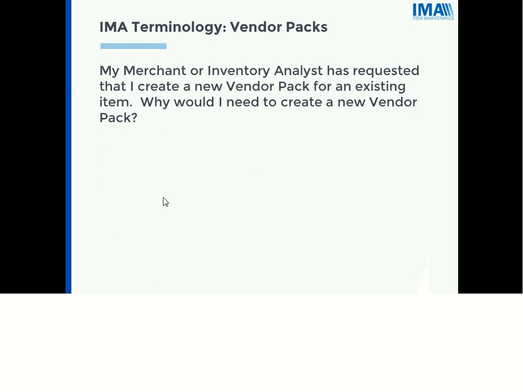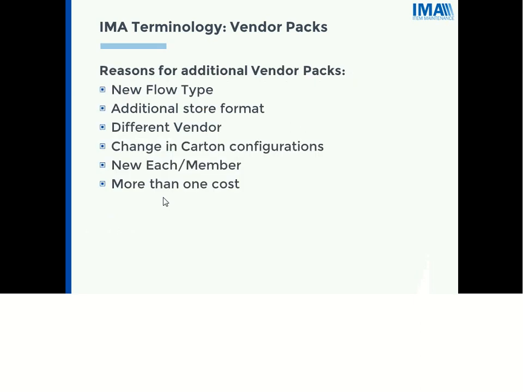So my merchant or inventory analyst has requested that I create a new vendor pack for an existing item. Why would I need to create a new vendor pack? And I'm going to try to get through these quickly because I just realized we're pretty tight on time. But basically, when you have an operational item, your merchant or inventory analyst may ask you to create additional vendor packs.